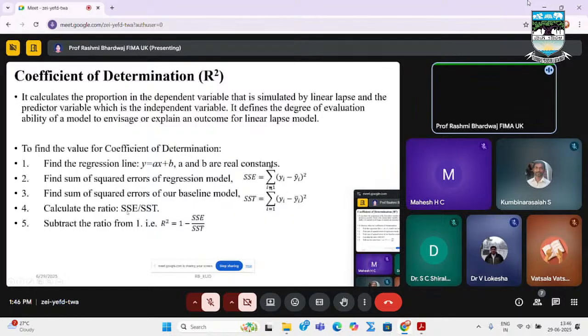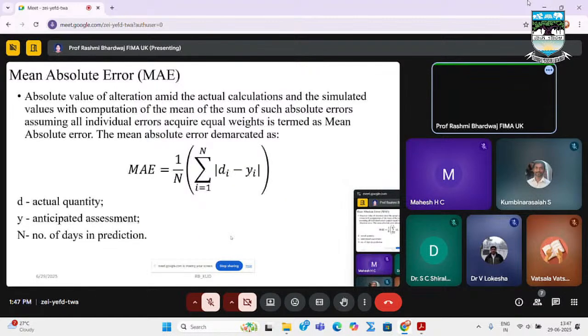Now we calculate the ratio SSE by SST, and then R square is 1 minus this value. As it comes closer to 1, this error is negligible, so we get a better and better approximation. This is the mean absolute error.